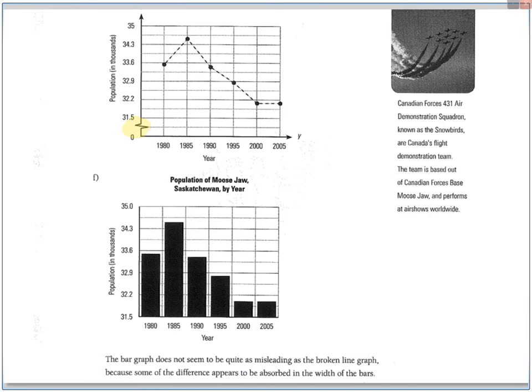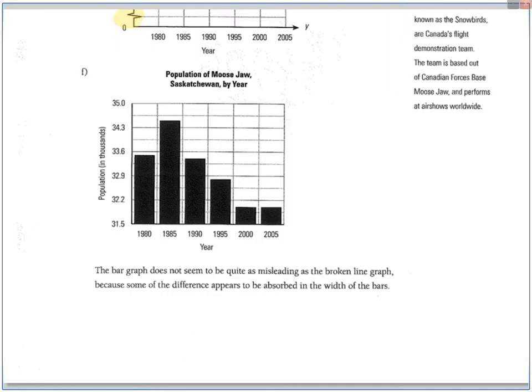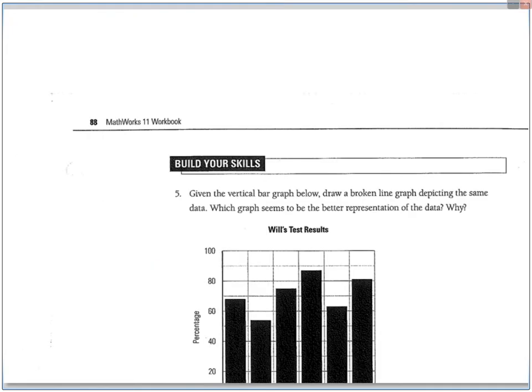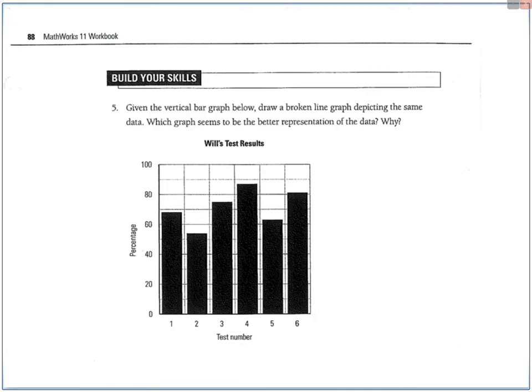And then here's the corresponding bar graph that would go with that line graph. And when they say stuff like does not seem, that's just an opinion, it's not mathematically relevant. It's like how you view something, and it's an interpretation. So we're not going to really spend much time on that.